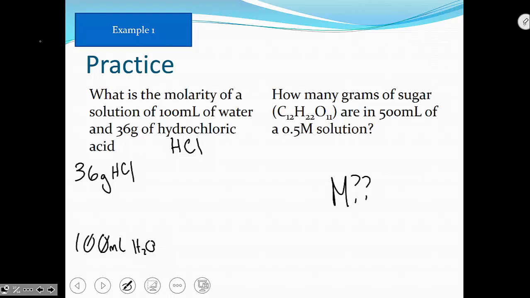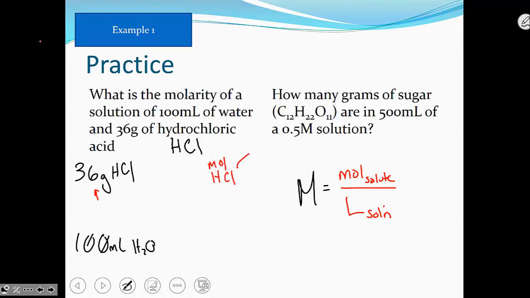Well, molarity is the moles of solute, the thing you have less of, divided by the liters of the solution. So the thing we have less of here is the hydrochloric acid. So we need to know how many moles of hydrochloric acid you have, because that's going to be our numerator for our molarity. So to do that, we'll set up our factor label method.